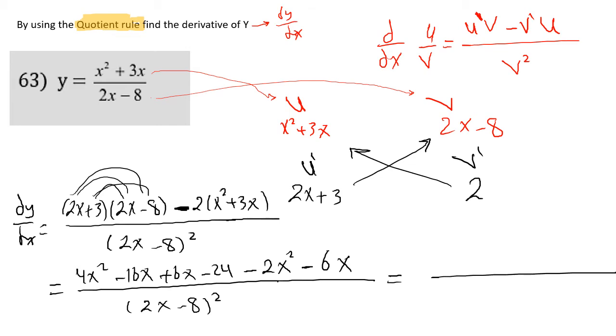So it's (2x minus 8) to the power of 2, and 4x squared, negative 16 and positive 6 and negative 6. So it's negative 16x minus, oh, I didn't add 4x squared and negative 2x squared, it's positive 2x squared, minus 24.